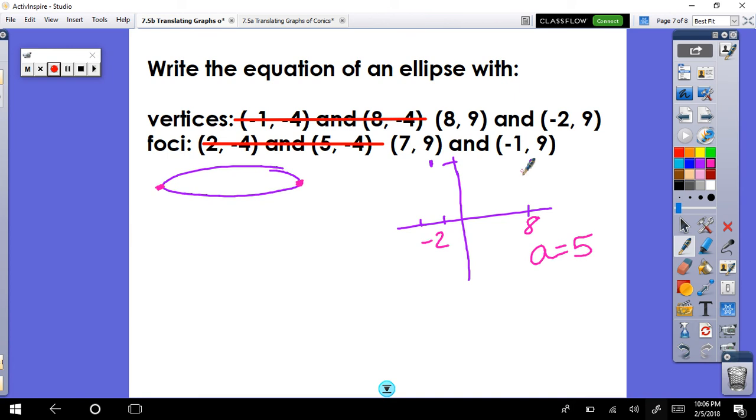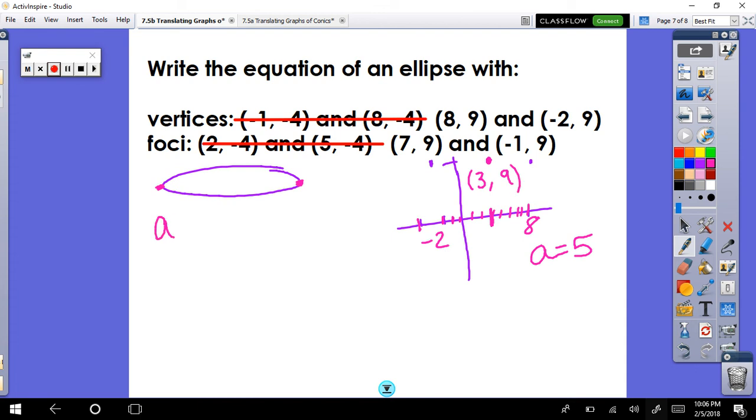So, because I have negative 2, 1, 0, 1, 2, 3, 4, 5, 6, 7, 8. So 10 total, cut it in half is 5. So then 1, 2, 3, 4, 5 would be right here. So my center is going to be the point 3, 9.